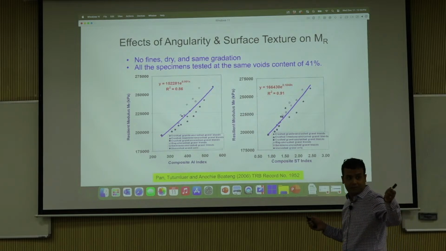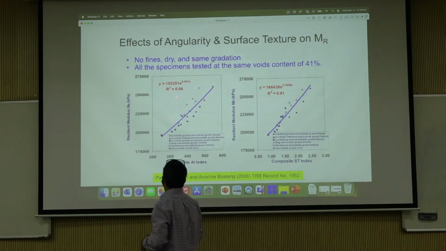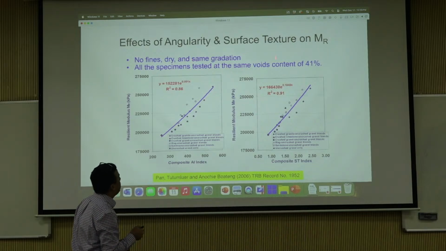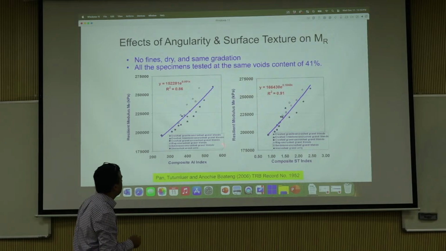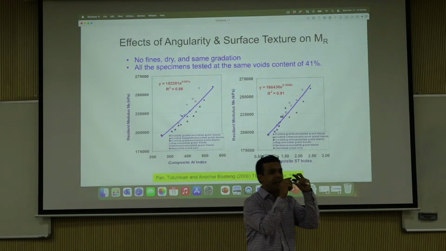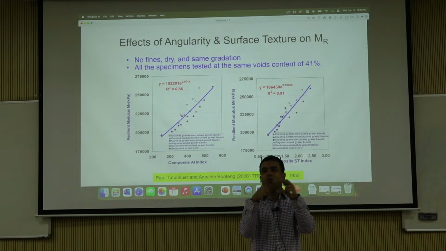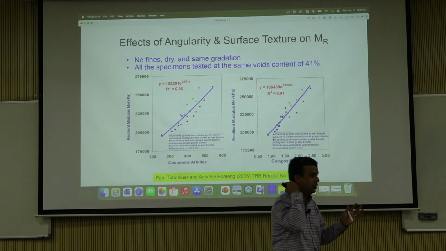This is another angularity study. This is the dissertation I sent you, Tanmay, Tongyan Pan's work. This is basically angularity and surface texture. We haven't talked about this, but for aggregates there is a way to quantify angularity by image processing. It's called angularity index. We'll not go into the details.